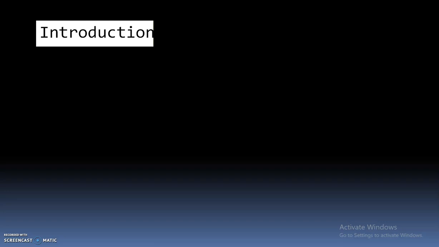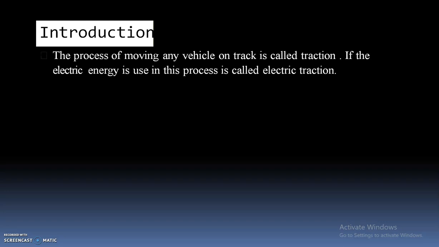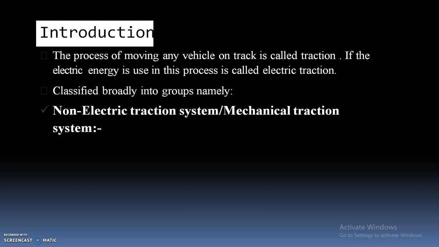Coming to the introduction part of this lecture, first of all, let us see what is traction. The process of moving any vehicle on track is called traction. If the electrical energy is used for this process, then the system is called electric traction. Traction is broadly classified into two groups.